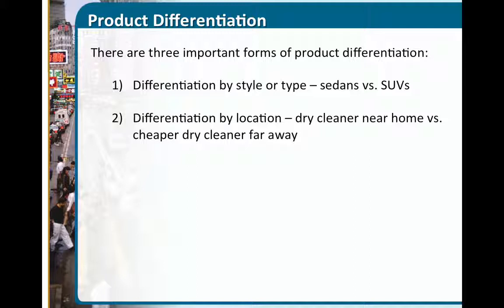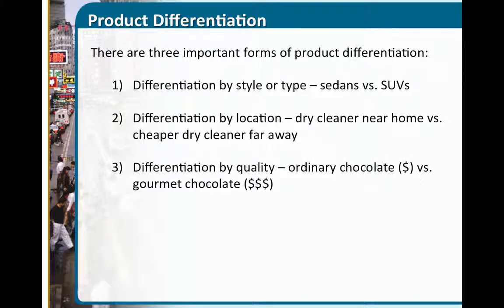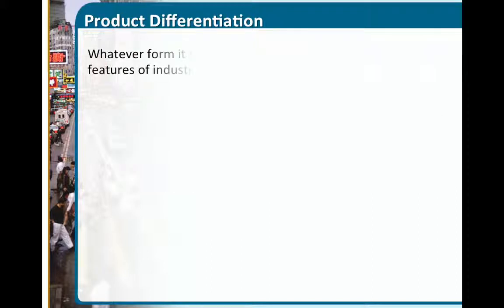You could differentiate by style or type, by location, and you'll see that a lot with service industries like gas stations or a dry cleaner that's closer to your home or closer to your work compared to ones that are further away. And then going back to the chocolate example, we differentiate by quality, ordinary versus gourmet chocolate.